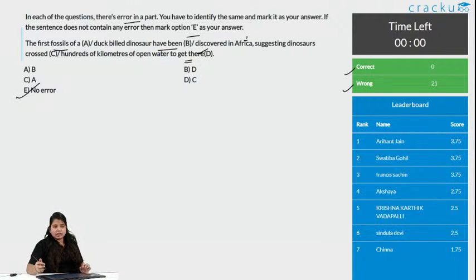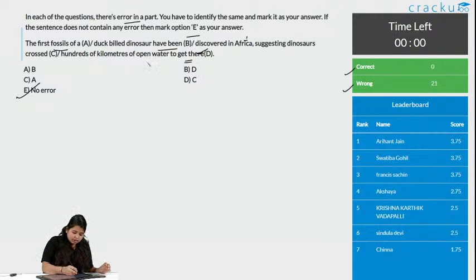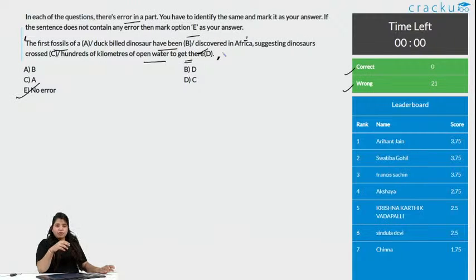Open water is like seas and oceans. Kilometers of open water. Understand the meaning of the sentence: some fossils of the duck-billed dinosaur were found in Africa too. So it suggested that dinosaurs crossed lots of kilometers of open water.